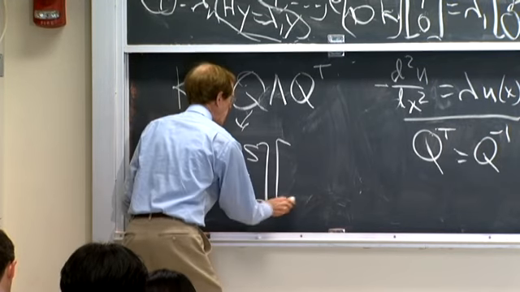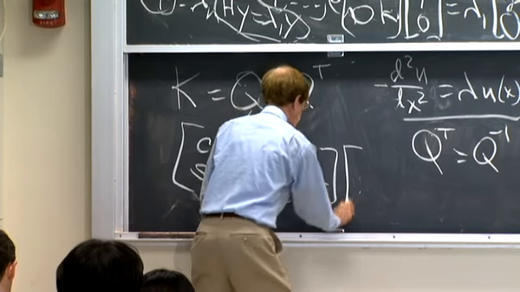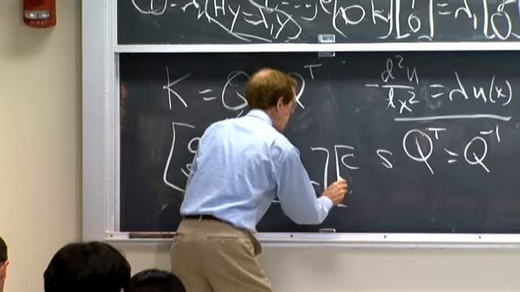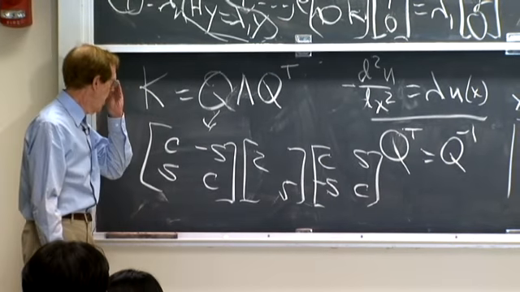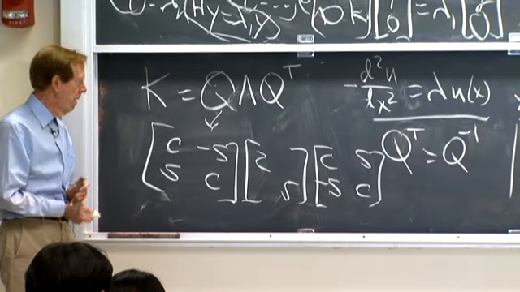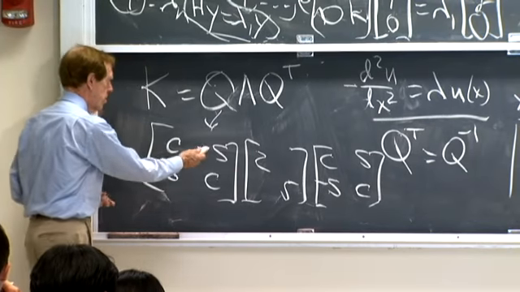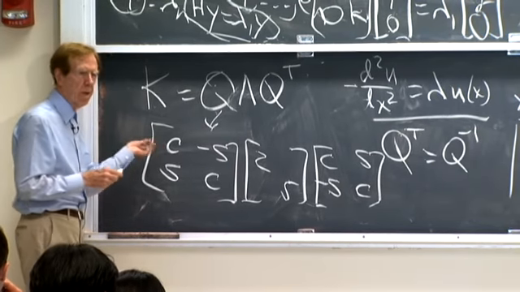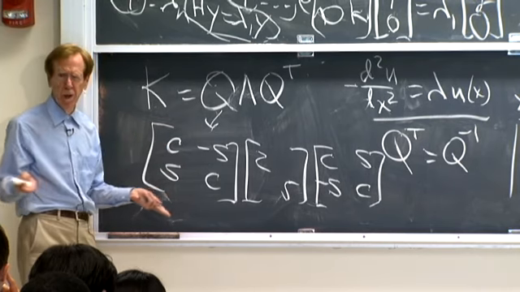The lambda is 2 and 5, I think, in that question. And the Q transpose, of course, is cosine, minus sine, sine, cosine. If I've told you those are the numbers, then you could multiply them together to get K.